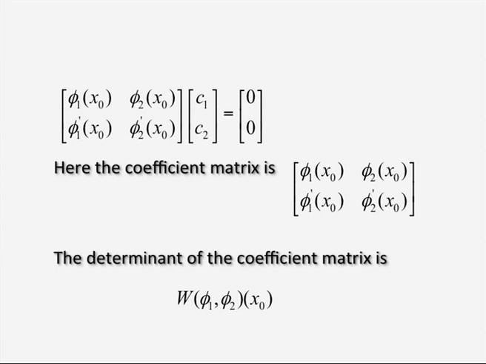That is, the matrix with rows φ1, φ2 and φ1 dash, φ2 dash times C1, C2 is equal to 0, 0. Here the coefficient matrix is φ1 of x naught, φ2 of x naught, φ1 dash of x naught, φ2 dash of x naught. The determinant of this coefficient matrix is φ1 φ2 dash minus φ2 φ1 dash at x naught.